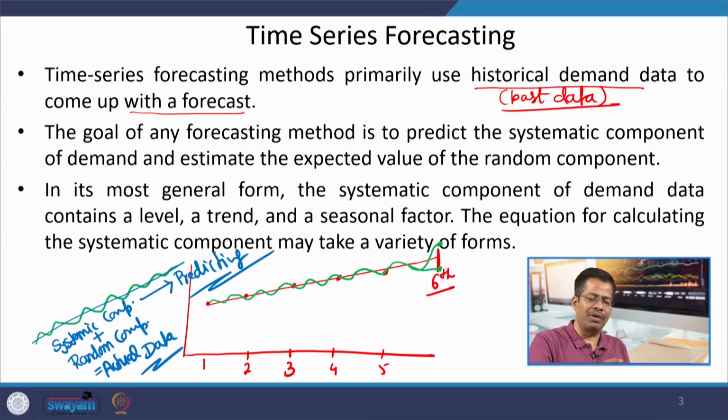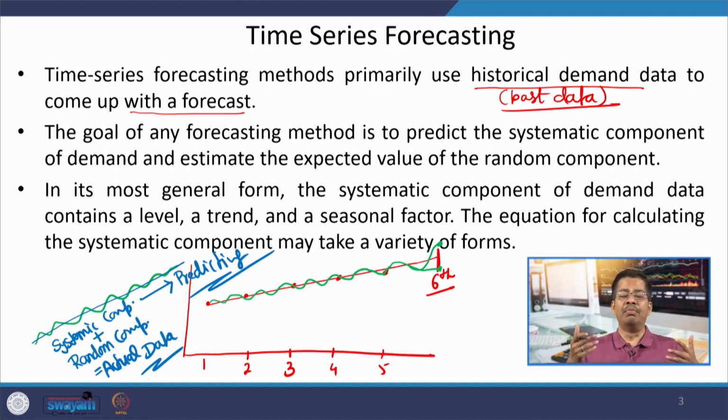Because of historical knowledge, we know the limit in which this random component will vary, and based on that we may say that this will be the possible forecast in the future, and these are the possibilities of the variation. So, that gives us more complete information.